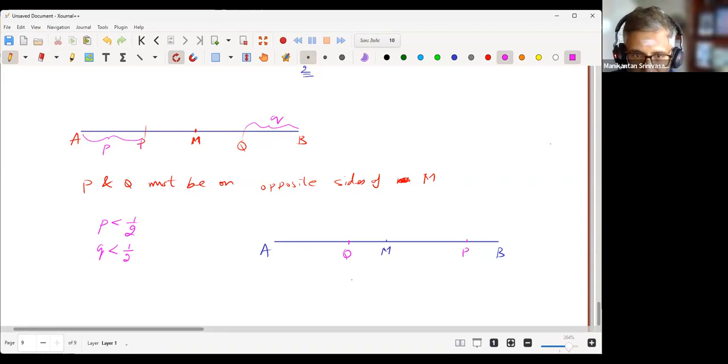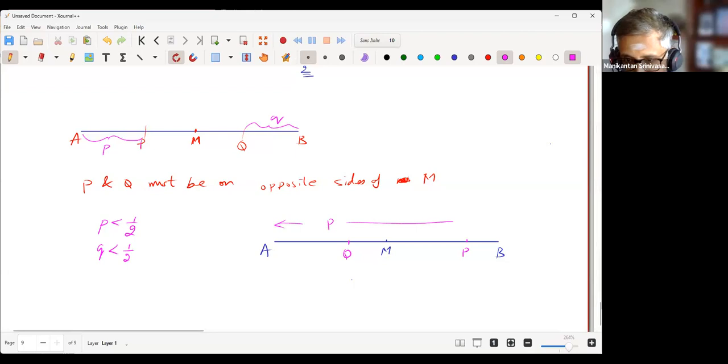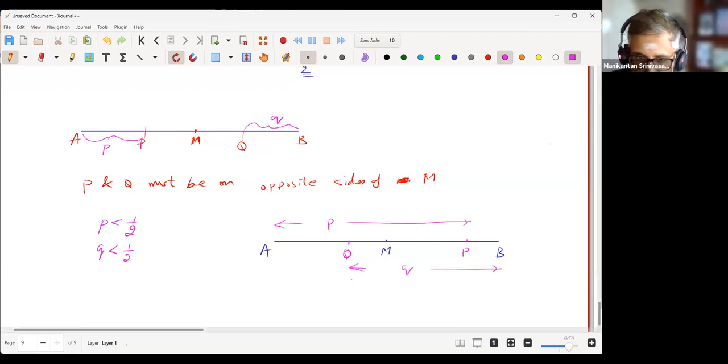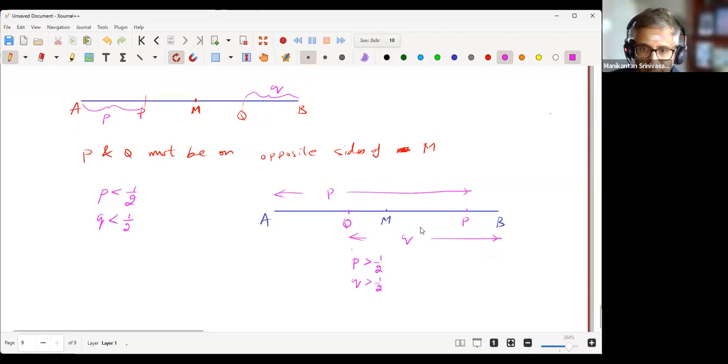My P is still measured from here to here, and my Q is still from here to here. So we want P greater than half and Q greater than half. Either both should be less than half or both should be greater than half.